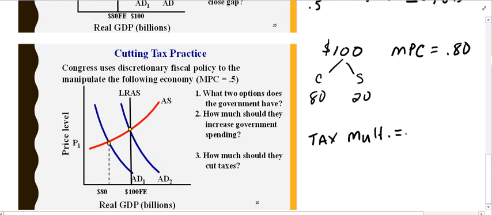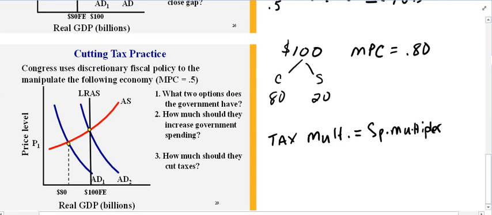Your tax multiplier equals your spending multiplier minus 1.